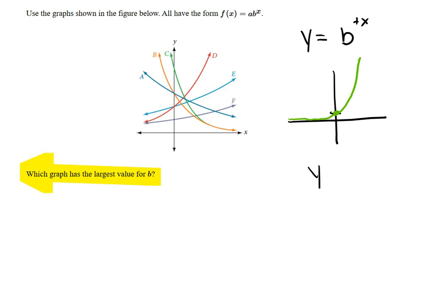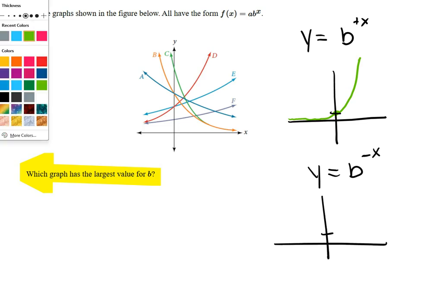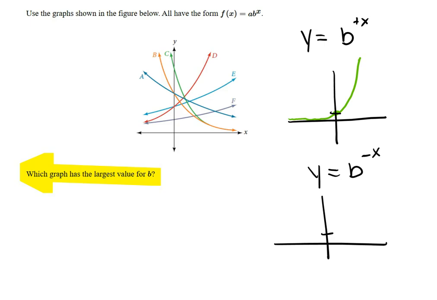If you have y is equal to some base b to the negative x power, now your graph is going to go downhill on the other side, cross the 1 again, and then start running along the x-axis on this side. In both cases, the x-axis is your asymptote. You get closer and closer and closer to that thing, but never actually touch it.